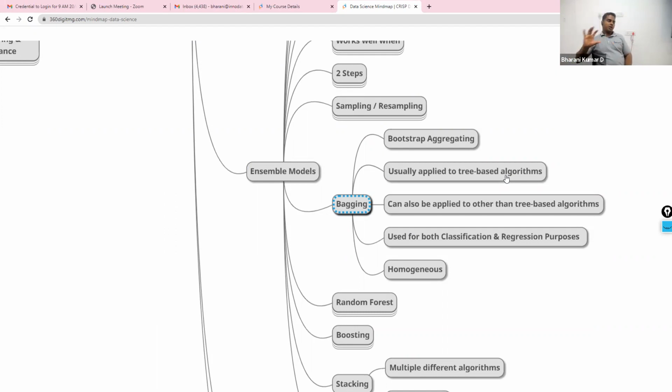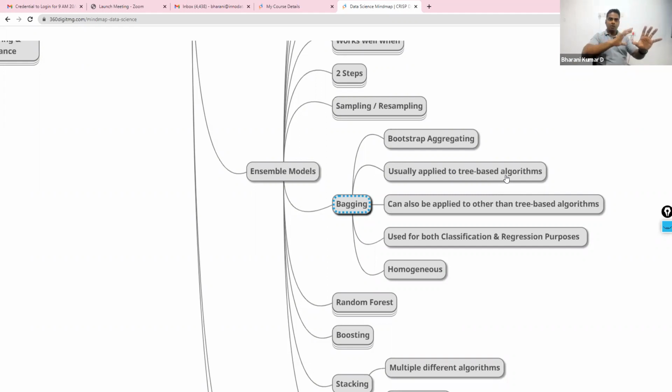Homogeneous algorithms, heterogeneous algorithms. Homogeneous means you use the same algorithm. Heterogeneous means you use different algorithms. Within homogeneous, if you're only going to use decision tree, then it's called tree-based algorithms. But within homogeneous, you can also use non-tree-based algorithms, only KNN, for example.